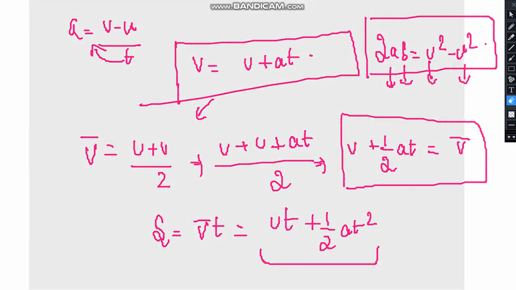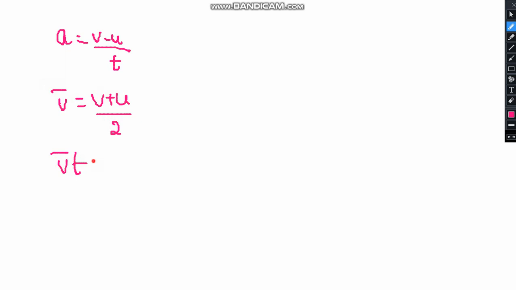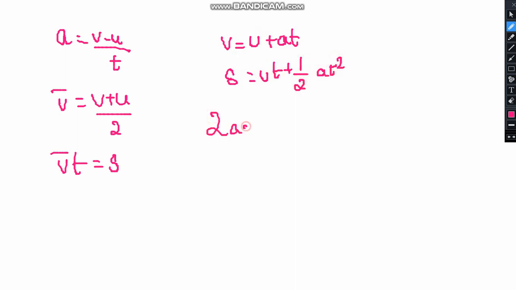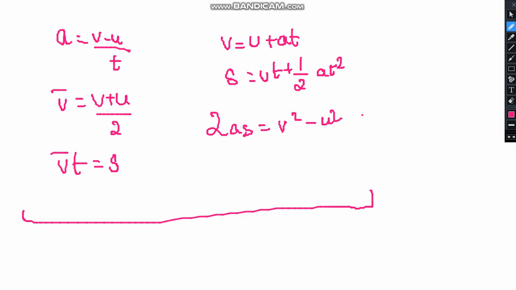I'll write these formulas clearly here. First, acceleration equals (v minus u) by t. Then average velocity equals (v plus u) by 2, and average velocity into time equals distance. And the three: v equals u plus at, s equals ut plus half at square, and 2as equals v square minus u square. All of these formulas are very important to understand.